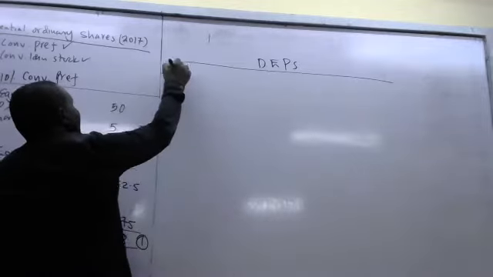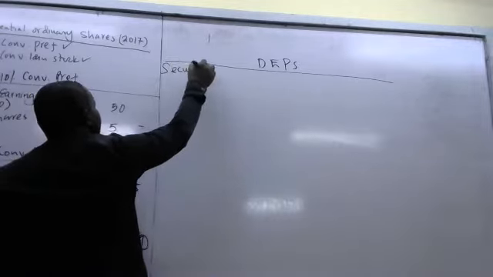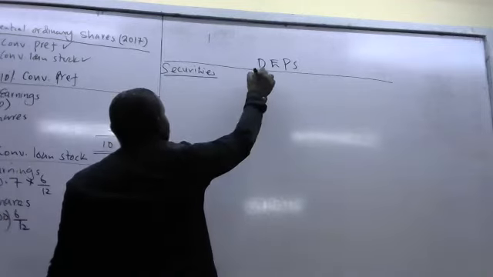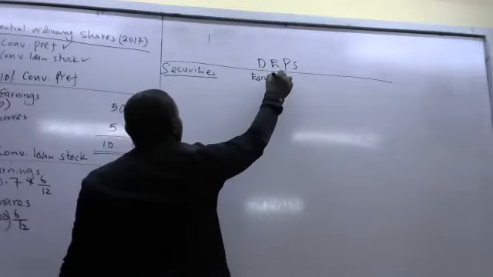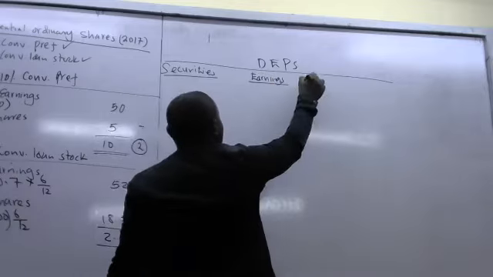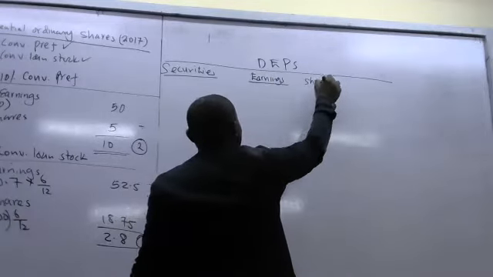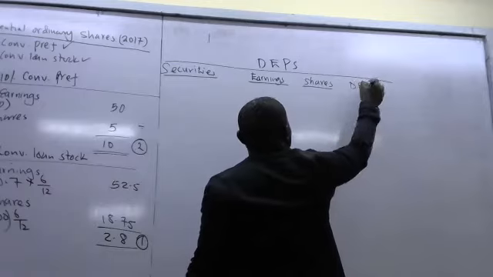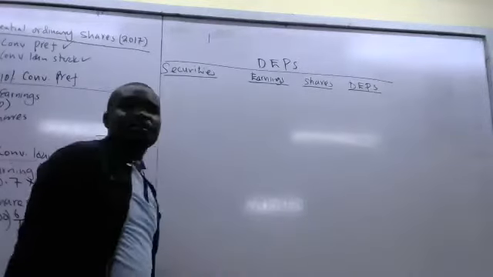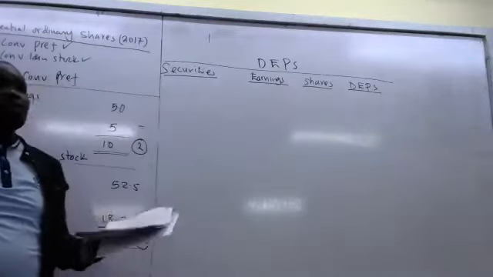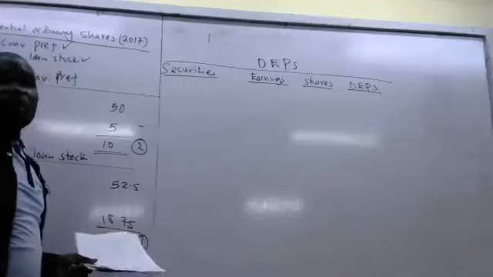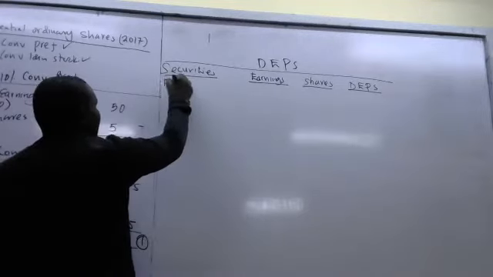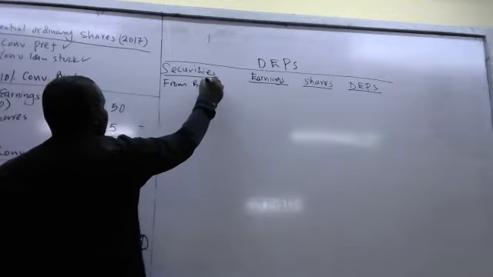Write here securities; securities stands for potential shares. Then write here earnings, write here shares, and write here diluted EPS itself. What do you want to dilute? You want to dilute the basic, so you start from basic EPS.